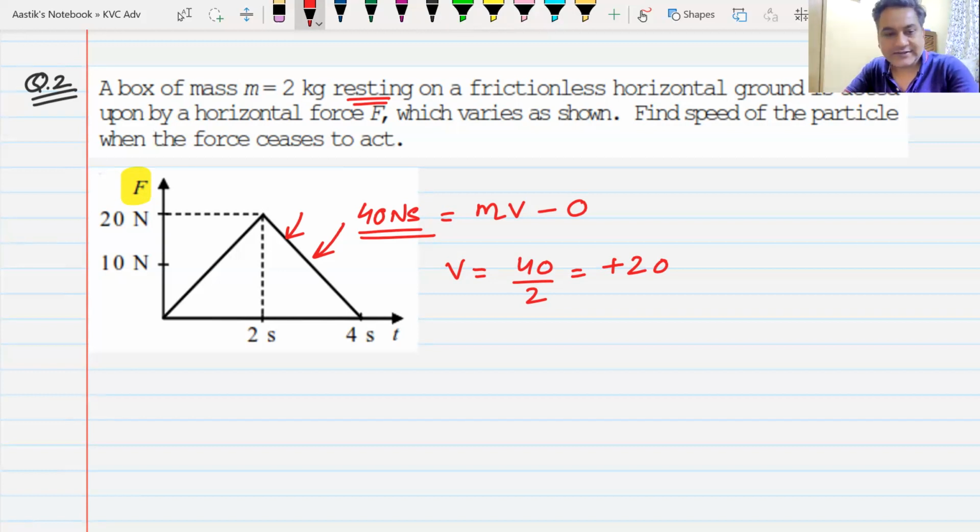That takes us to the next heading, and the next heading is collision.